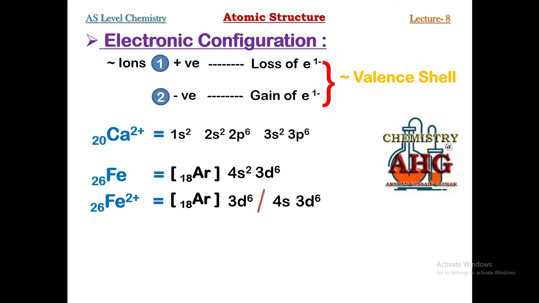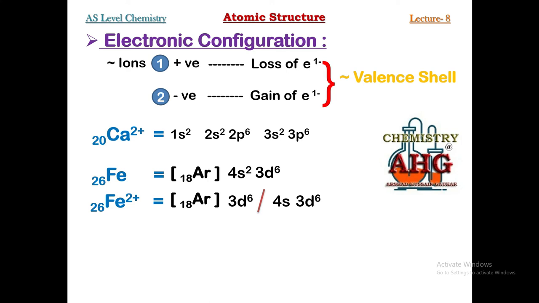You can see there are two subshells after argon in iron: one is 4s, the other is 3d. 4s belongs to shell number 4, 3d belongs to shell number 3, but which principal quantum number is larger? It represents the valence shell. 4 is the larger number, so 4s is the valence shell. So electrons must be lost from 4s earlier than 3d.